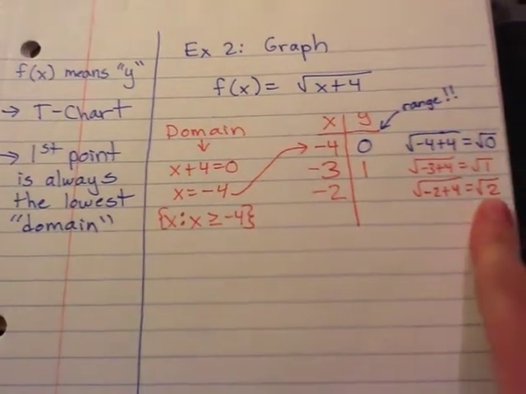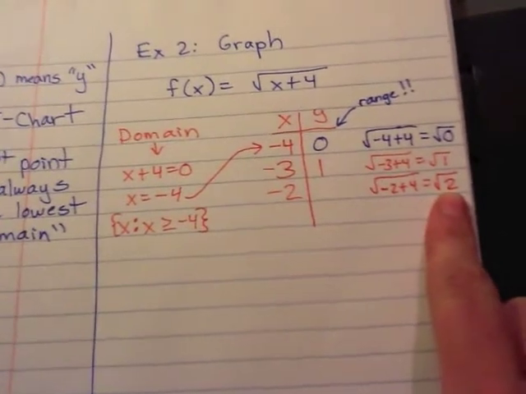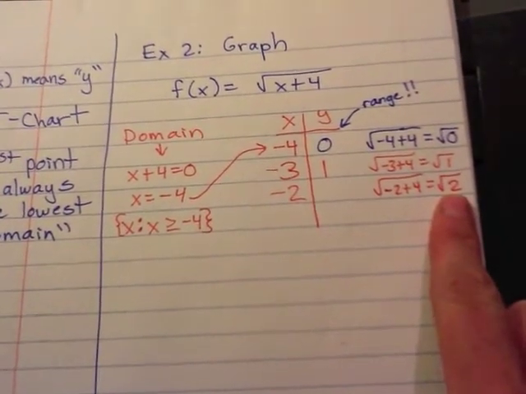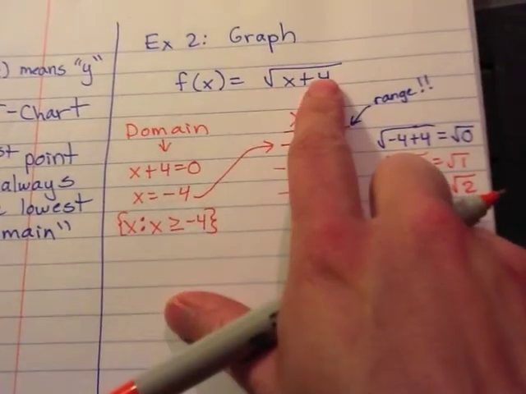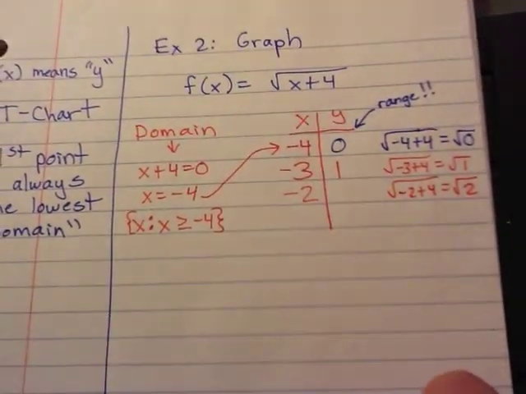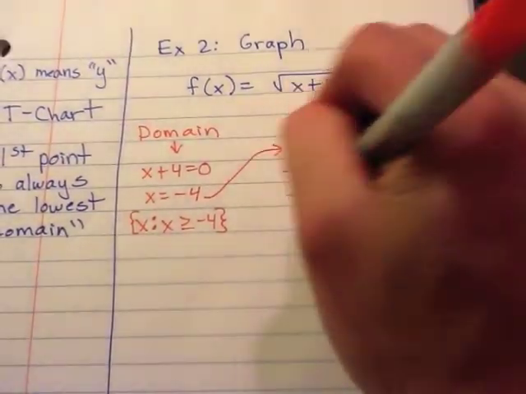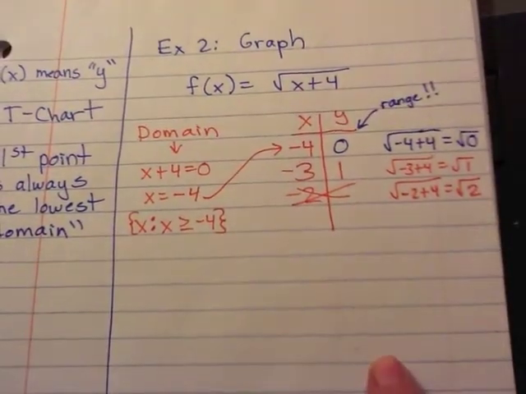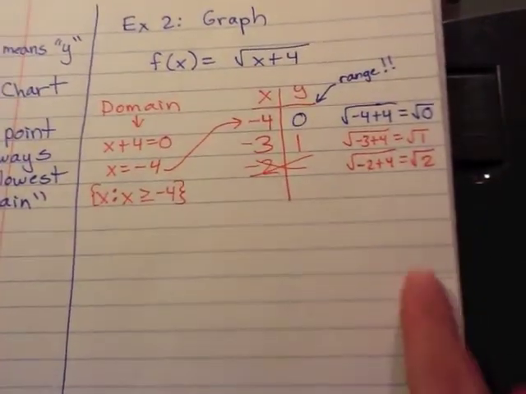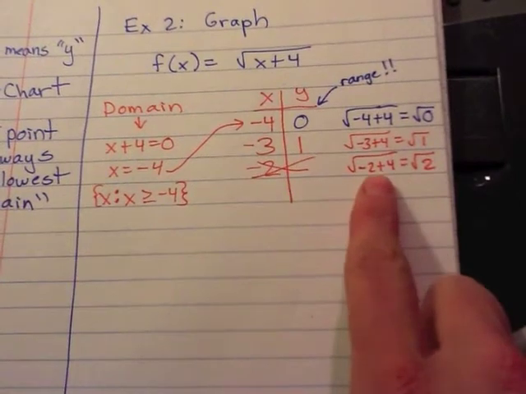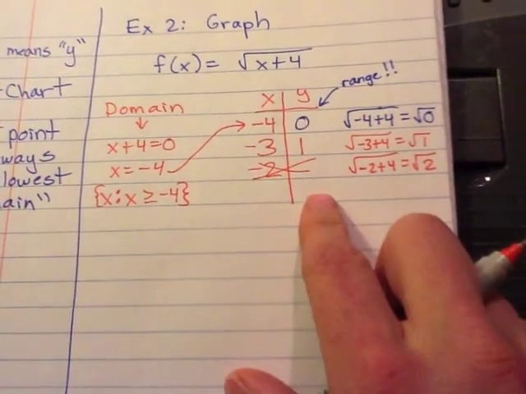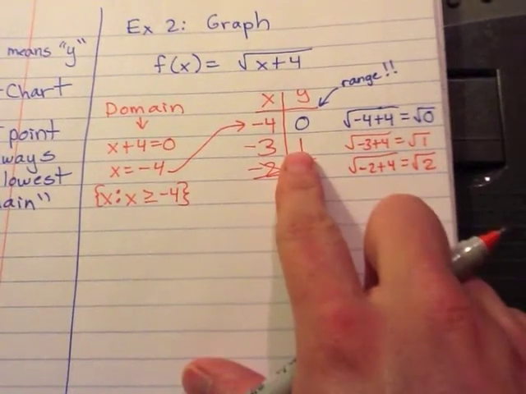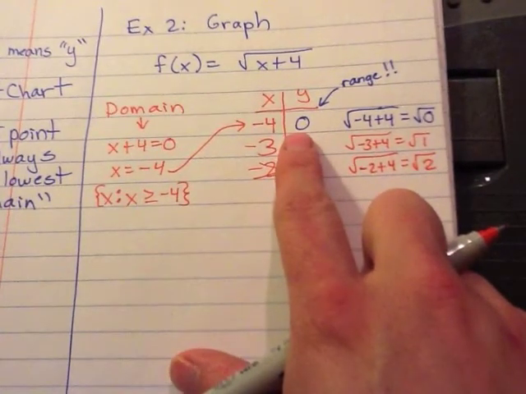I don't know the square root of 2. It's not a perfect square. I can type it into my calculator and I can estimate it. But because I know other numbers that are going to give me perfect squares here, I'm just going to cross that out. I'm not even going to worry about it. And I'm just going to look at the next value that would give me a perfect square. I already got 1. I already got 0.